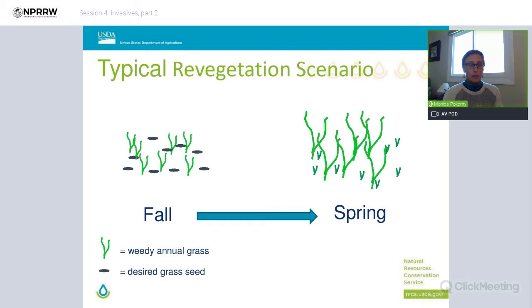So we want to get our desired seed on the ground in the fall. We want it to overwinter as seed and then germinate in the spring. But meanwhile, we have a lot of weedy annual grasses in our area that are winter annuals. So they've come up in the fall and they overwinter as a seedling, so that in the spring we have our desired seeded grass trying to establish, and it's really already starting to compete with our weedy annual grass that kind of gets a head start on growth.